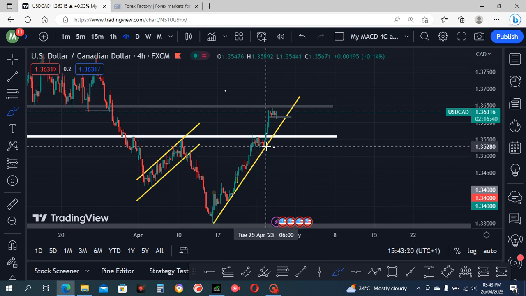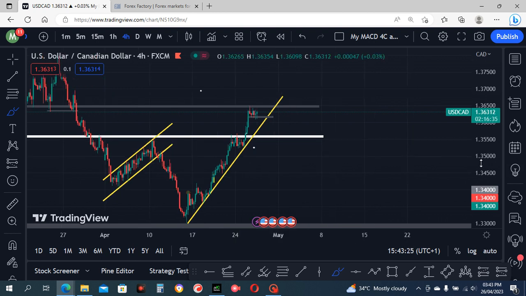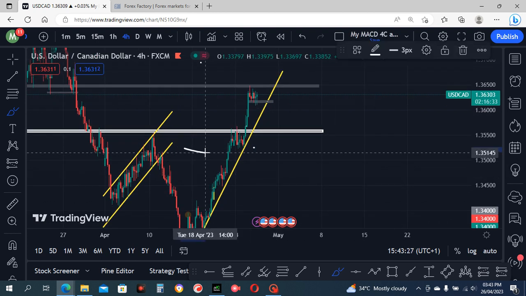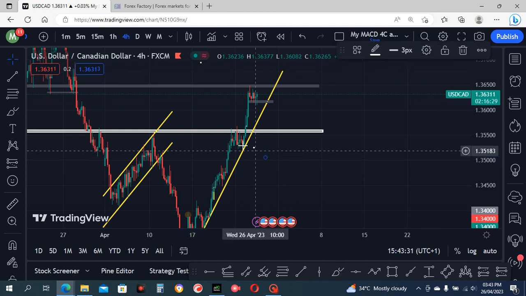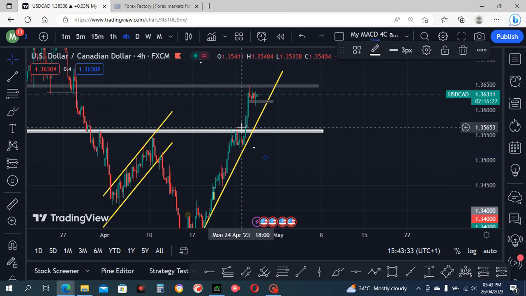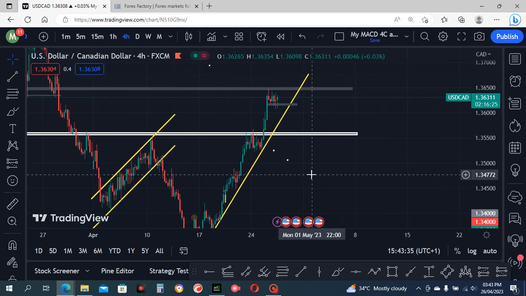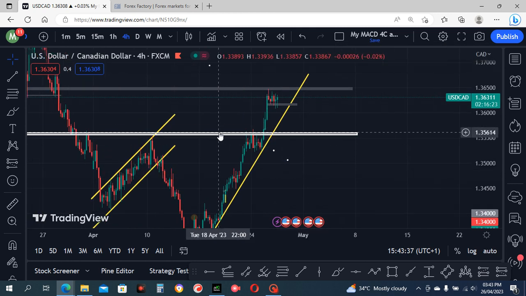If we are to continue the up move, I was expecting a close of a bullish candle above this white line, like it did now. Okay, it closed above the white line. So since it closed above the white line, it's an indication that the trend will continue. We have broken the resistance.